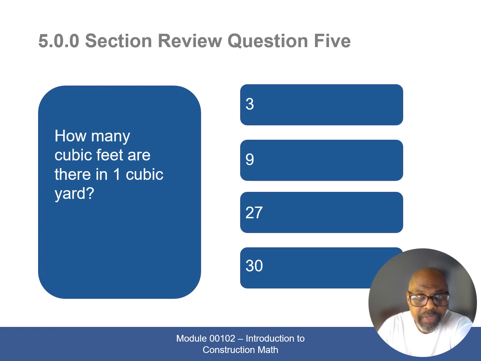And if it's cubic, it will all be the same length: the height, the width, and the depth. So if you multiply 3 times 3 times 3, how many cubic feet are in 1 cubic yard? The answer should come up to 27.